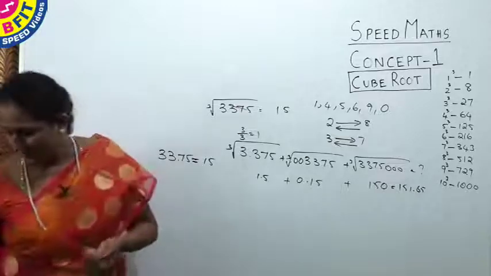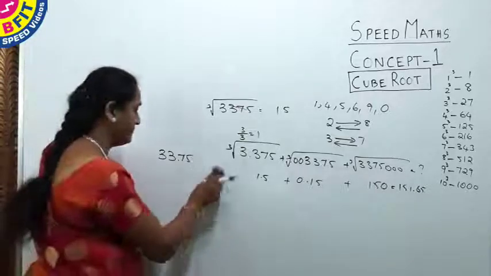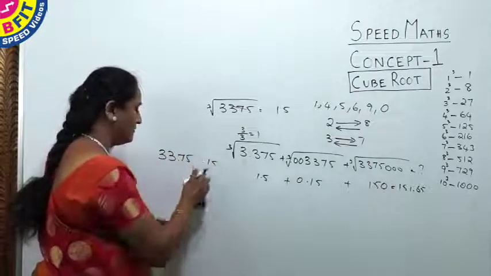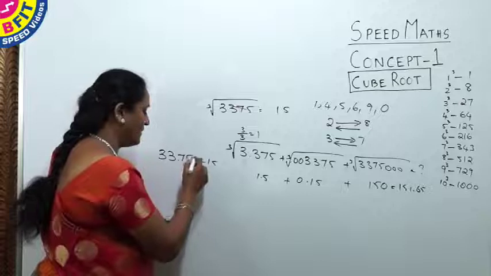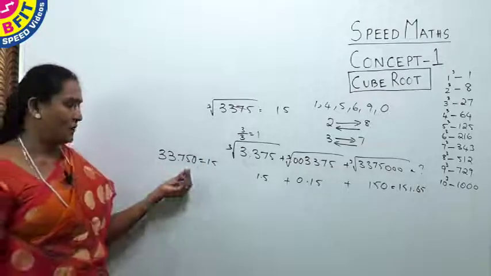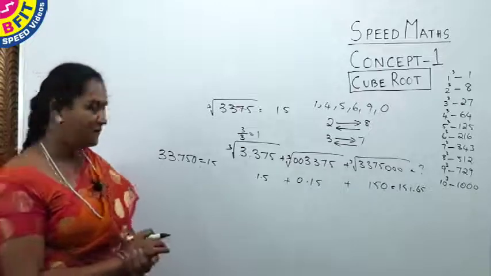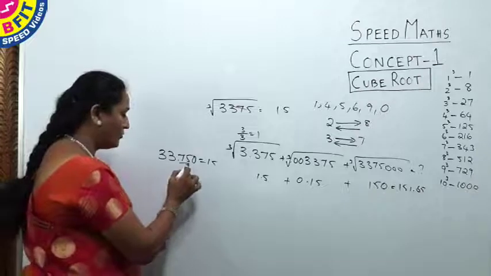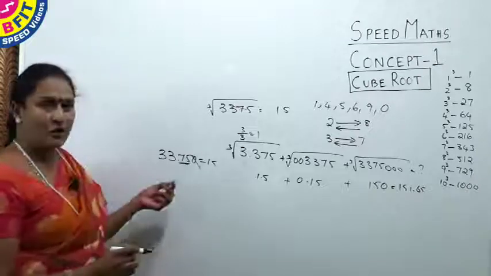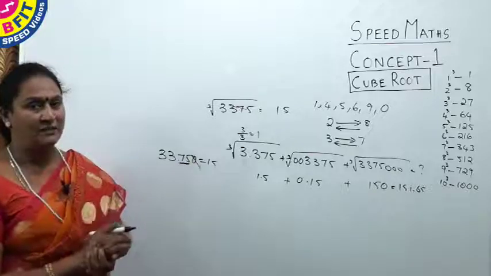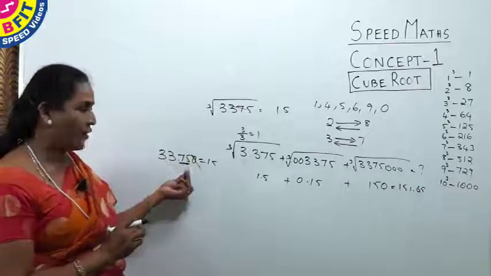Suppose you have 33.750, now where will you place the decimal? How many decimal places are there? 3. But it's wrong. You have only 2 decimal places, because a 0 after the number in the decimal part is meaningless. So you have only 33.75.